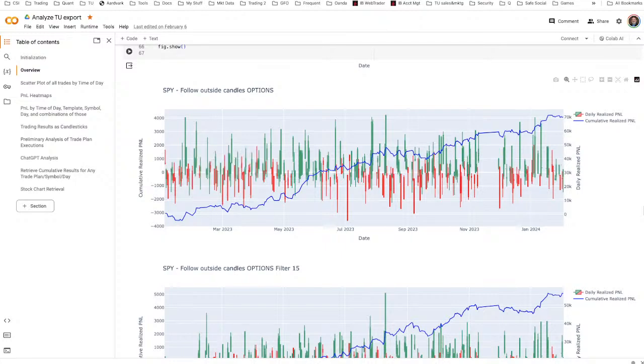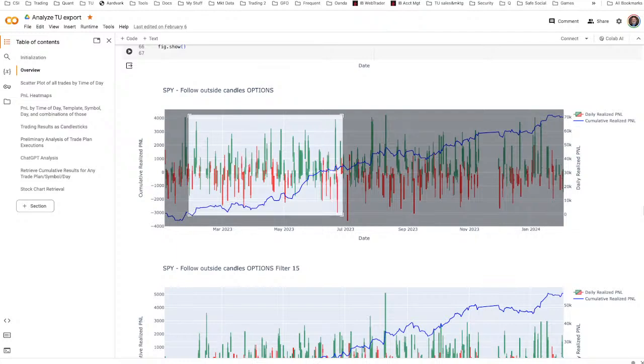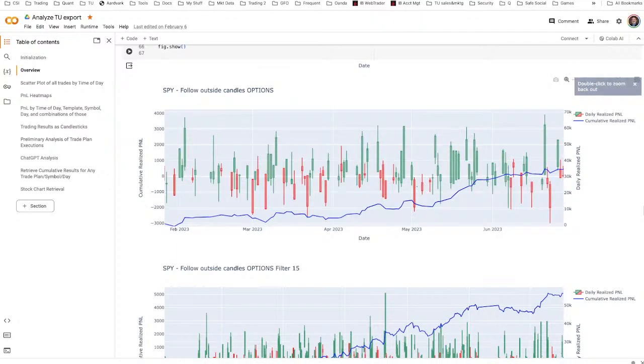There are very few where you can see. Let me see if I can zoom in here. Here's the kind of thing I'm worried about cutting off, where it went down pretty low, but then it came back and finished high. Here's one that went really high and then closed barely positive.